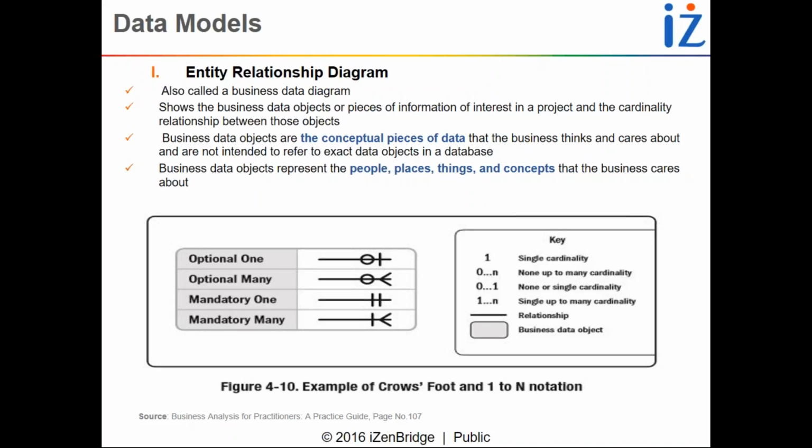Like a customer may be related to more than one order, so one customer is related to many orders. That kind of relationship we can visualize using an entity relationship diagram. Here is the snapshot from the Business Analysis Practice Guide.